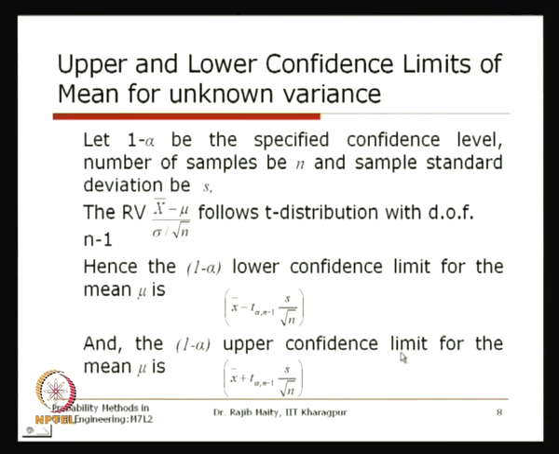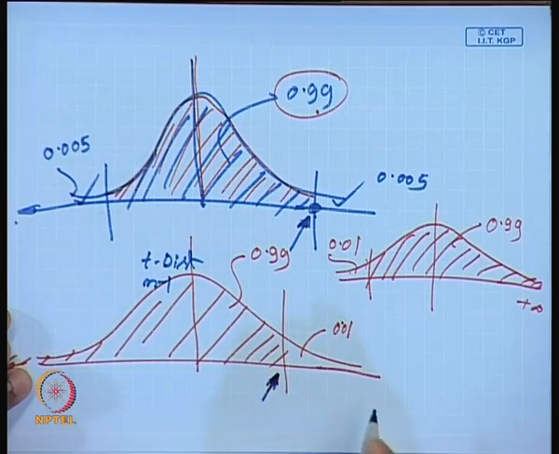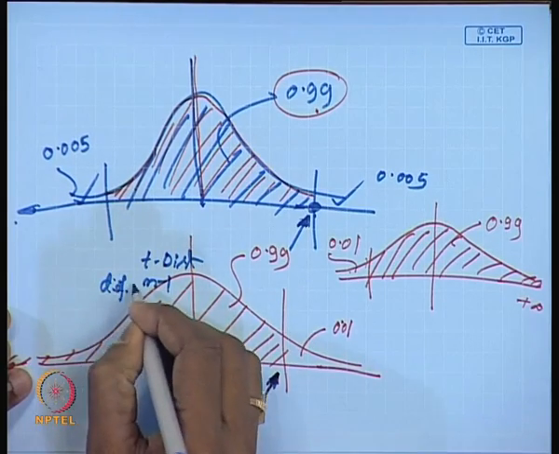Similarly, the upper confidence limit is x bar plus t alpha, n minus 1, s by square root n. This t alpha, n minus 1 in both expressions is the value we can read from the t distribution with degrees of freedom (DOF) equal to n minus 1.